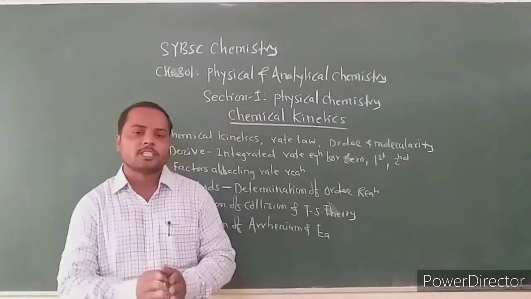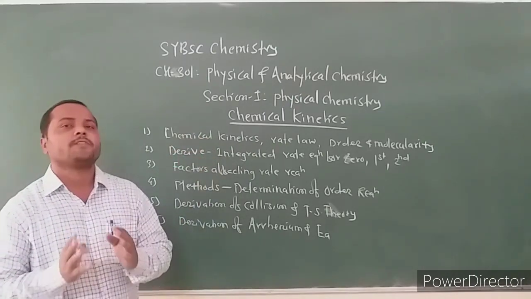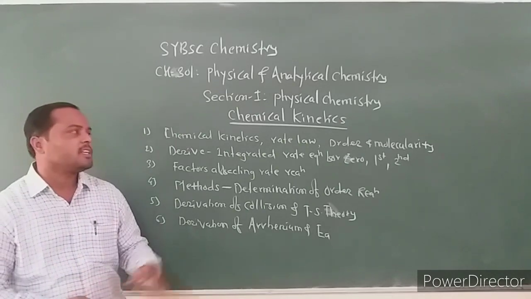These are the objectives. The first objective is to define chemical kinetics. What is the definition of chemical kinetics? What is the need of chemical kinetics in order to study the chemical reaction?